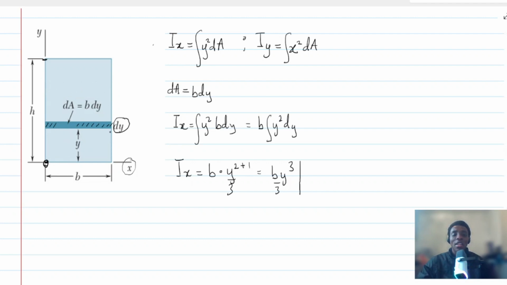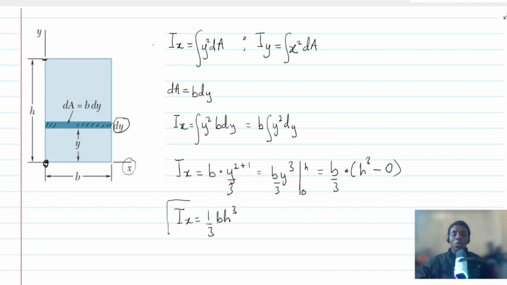That is the basic idea behind what we are doing. So from 0 to h, that is going to be b over 3 times h cubed minus 0, which simply put gives Ix equal to 1/3 b h cubed.